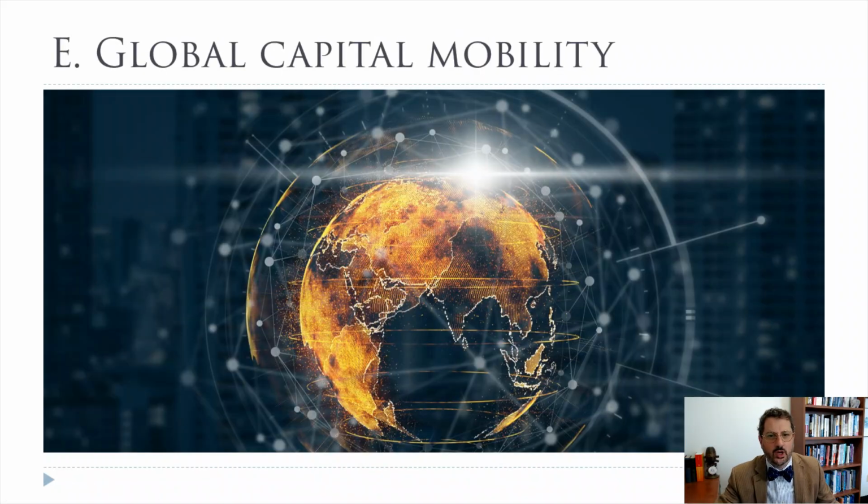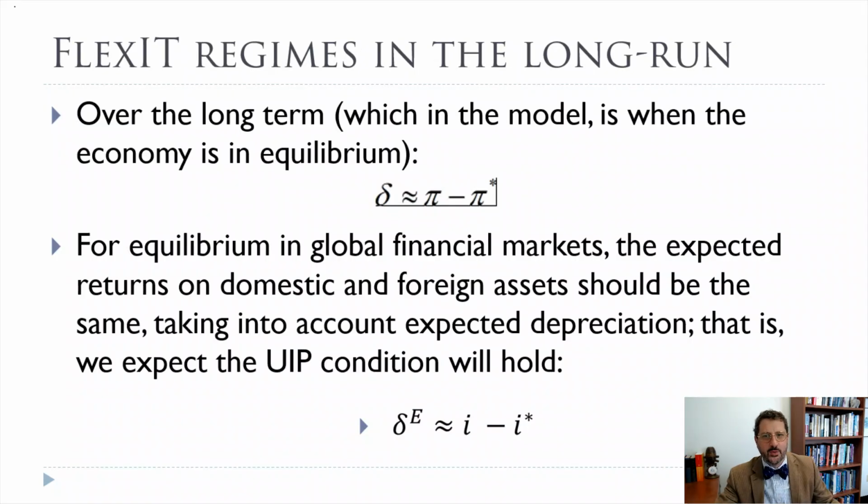Okay, so if we think about Flexit regimes in the long run, right? We said, okay, in the long run, when the economy is at equilibrium, when we're at our supply side equilibrium, then the exchange rate depreciation, delta, must be approximately equal to the differences in inflation rates, right? So domestic inflation minus foreign inflation.